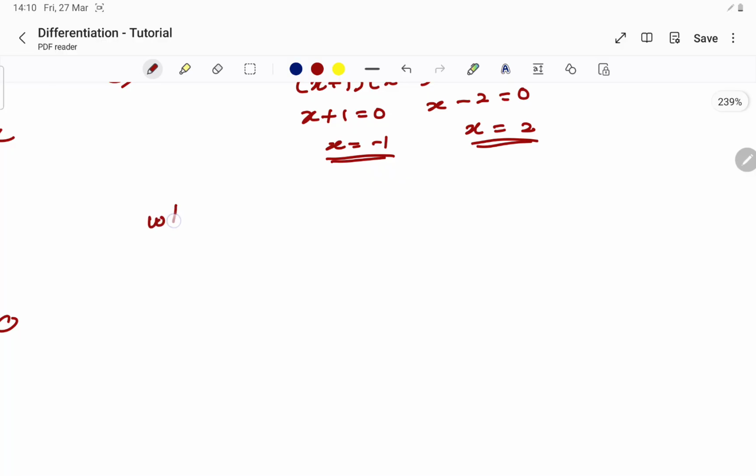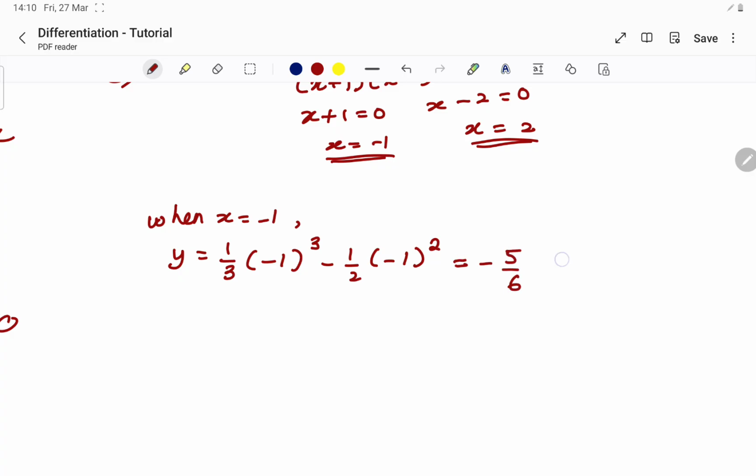Now, when x is equal to negative 1, y is equal to 1 over 3 multiplied with negative 1 cubed minus 1 over 2 multiplied with negative 1 squared. So, substitute inside, you're going to get negative 5 over 6. So from this, you get one coordinate which is negative 1, negative 5 over 6.